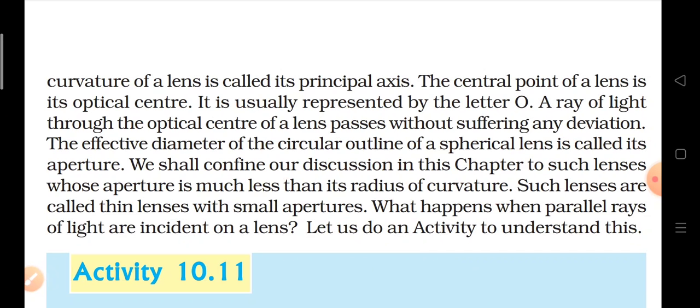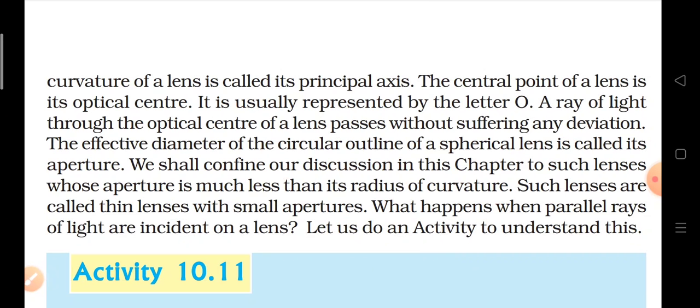We shall confine our discussion in this chapter to such lenses whose aperture is much less than the radius of curvature. We will discuss lenses in this chapter whose aperture is less than the length of their radii of curvature. Okay, such lenses are called thin lenses with small apertures.